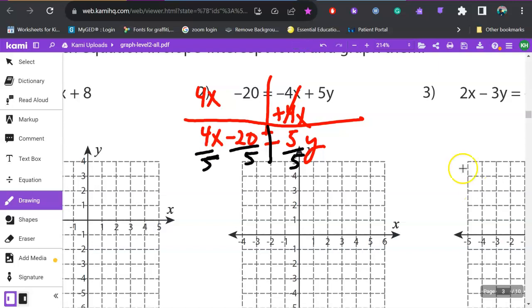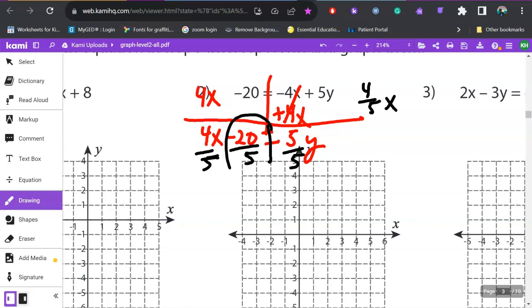Now, 4 over 5x is not going to reduce at all, is it? So I'm just going to rewrite it. I'm just going to put it over here. So I have 4 over 5x. I'm just going to leave it as it is. It's not going to reduce. -20 over 5 will reduce. What is that going to reduce to? A -4 equals, and we know that that is going to be y.